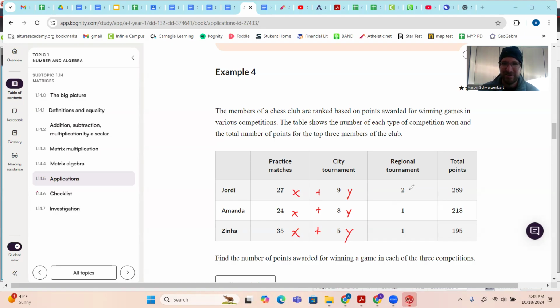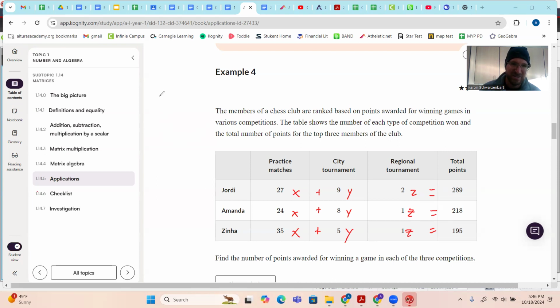And 2 wins in the regional tournament, 2Z. Oops, not Y again, Z. So now I just have a system of equations that I can put into matrices.